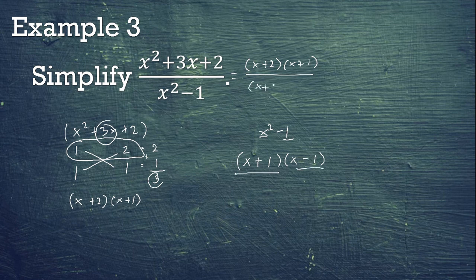We will have it here, x plus 1 and x minus 1. Then we will just cancel same expressions. Cancel this and cancel this. Therefore, the simplified term of the given x squared plus 3x plus 2 all over x squared minus 1 is x plus 2 over x minus 1. Final answer.